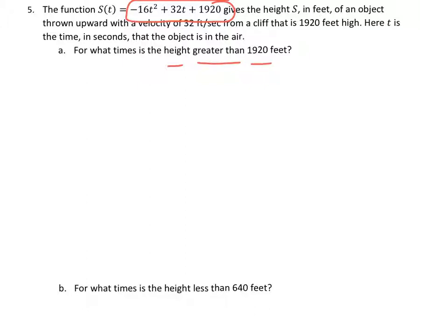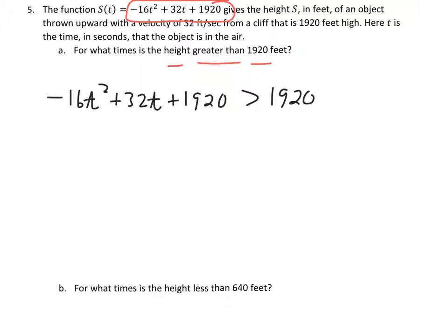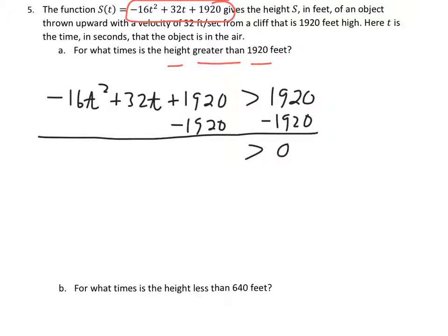So we'd set that up by writing the whole expression that represents the height, and setting that to be greater than 1920. Now we know we need a 0 on the right hand side, so we'll have to subtract 1920 from both sides. That makes it cancel out on both sides, and will give us a 0 on the right side.